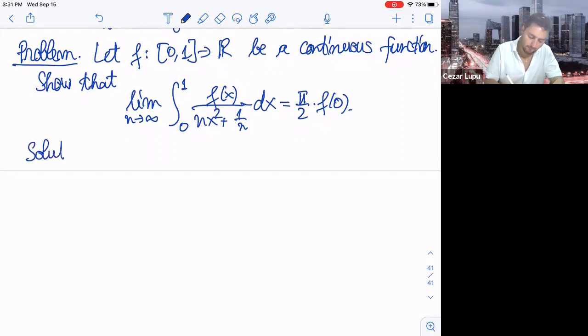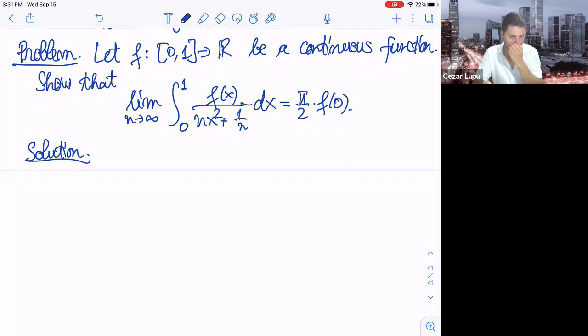So let's see. Let's rewrite this a bit, right? Let's perform again a change of variables.